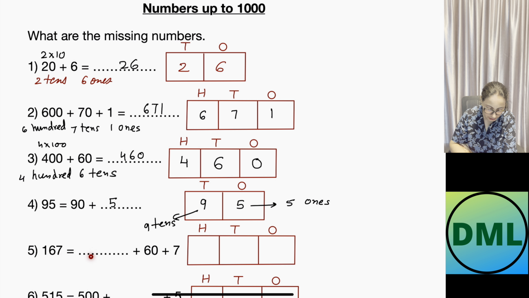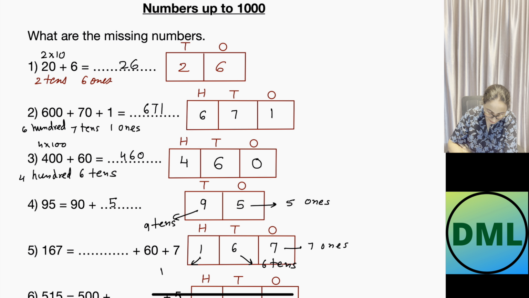167 is equal to dash plus 60 plus 7. How are we going to add that? Let's place all these values at the place values first. At the ones place we have 7. At the tens place we have 6. At the hundreds place we have 1. Let's place all the values here. Ones place it's 7. Tens place it's 6. And at the hundreds place it is 1. This will be written as 7 ones. This will be written as 6 tens.